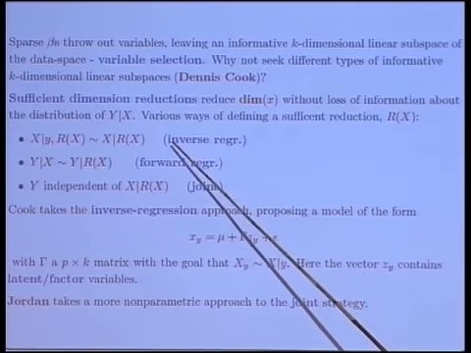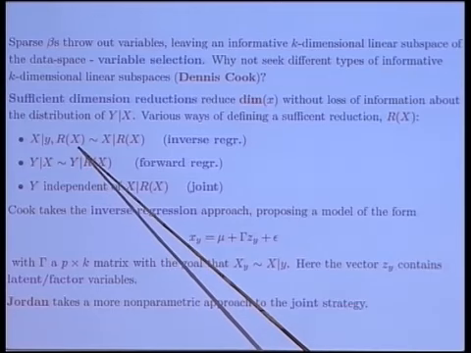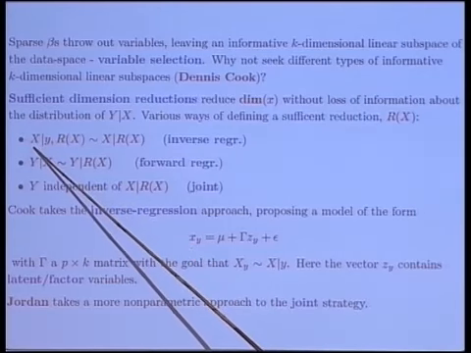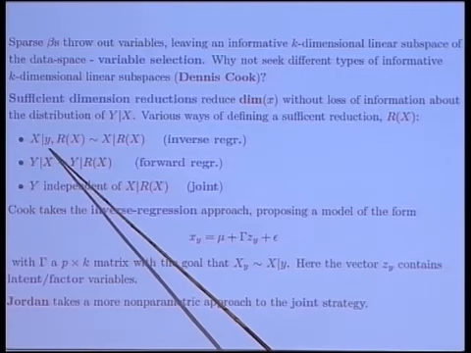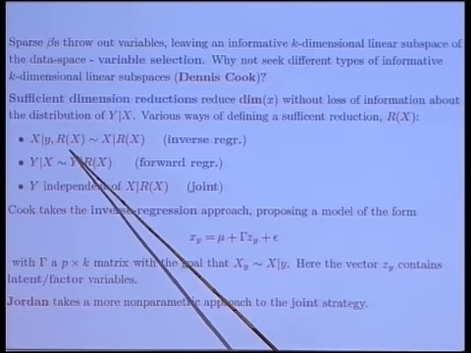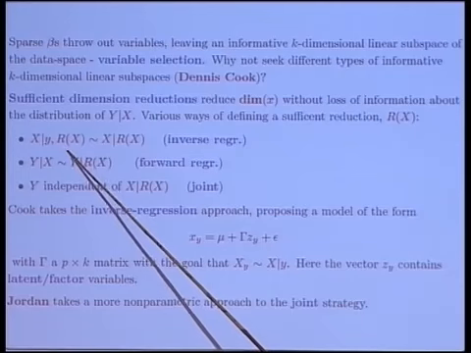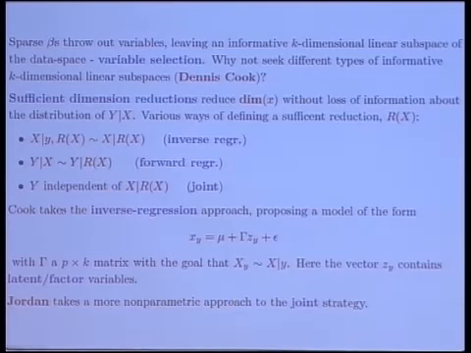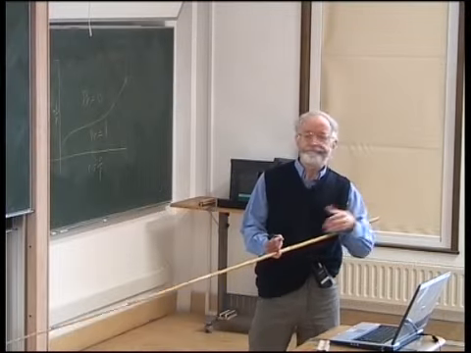R of x represents a sufficient reduction if, in the inverse regression formulation, the distribution of x given the responses and given the reduction R of x doesn't depend on the responses. In other words, it's really saying that everything to do with y is bound up in R of x.